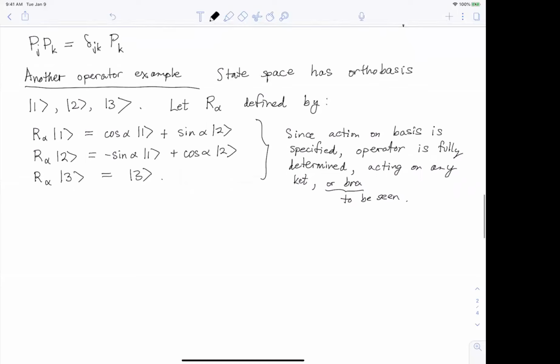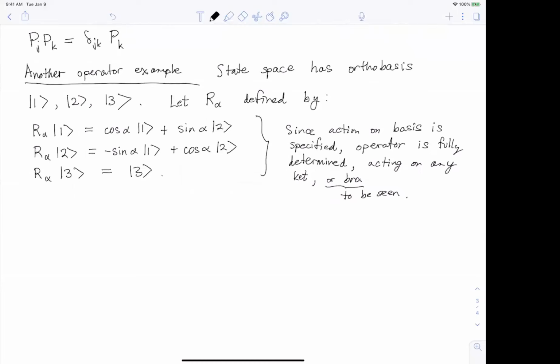Okay, yet another way to specify what an operator is, is in terms of its matrix representation. So let's explain what that is. This is the matrix representation.